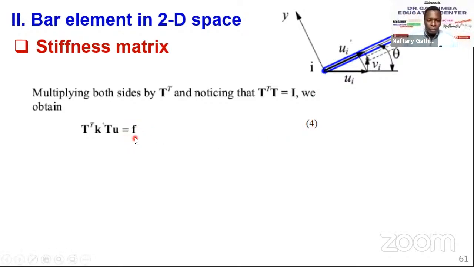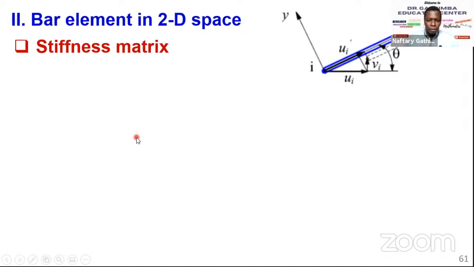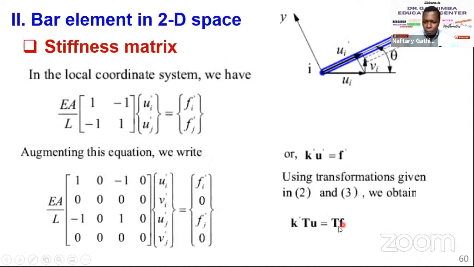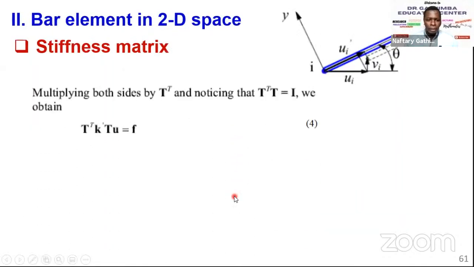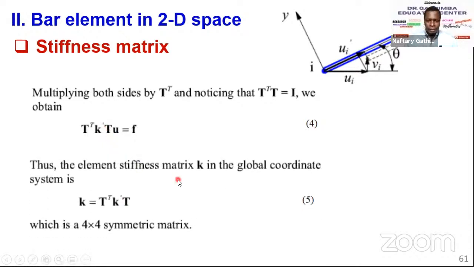So on this side, we are going to have F, because on this side we had T. So we pre-multiply by T transpose times T, and you do the same to both sides, you are going to be left with F. And if you look at this, we talk of F equals Ku. U is seen here. So whatever else is T transpose K prime T is the K for the global consistent system.